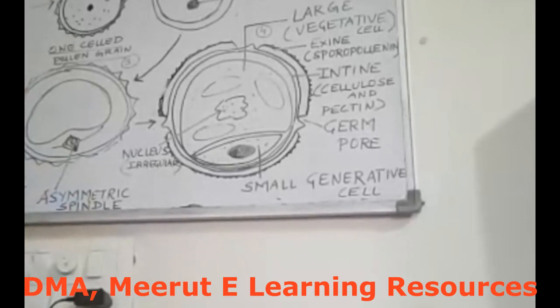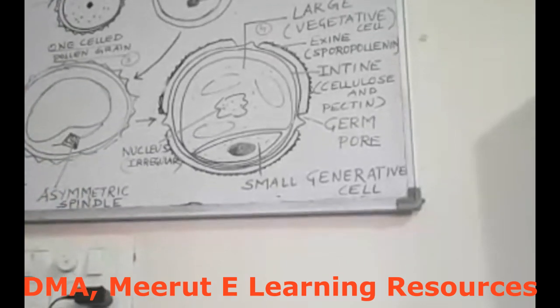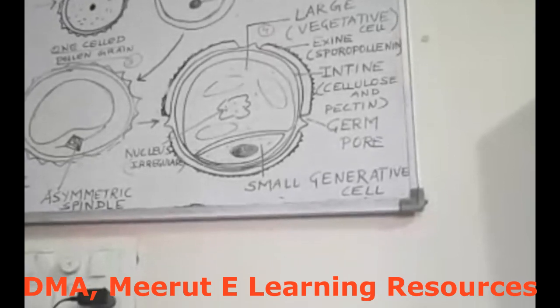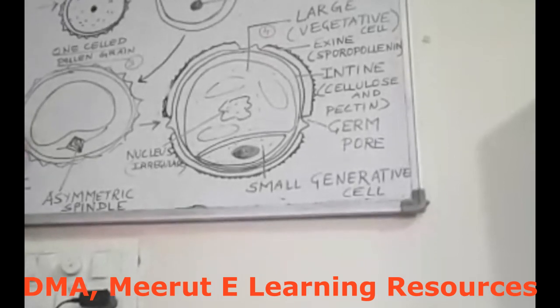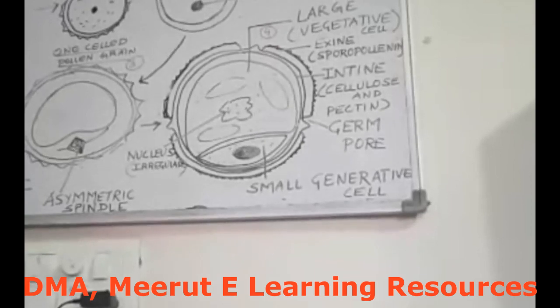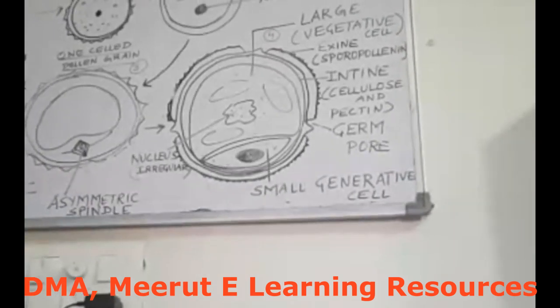Then the middle one is a discontinuous layer called the baculum. And the outermost is also discontinuous, which we call the tectum.